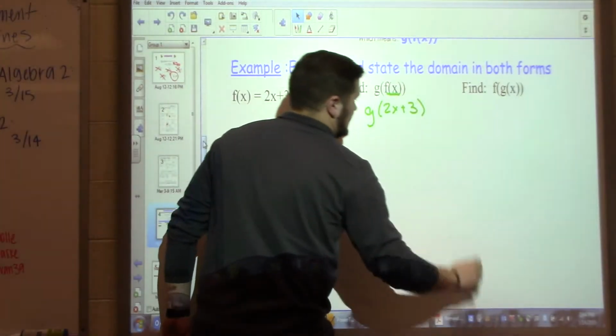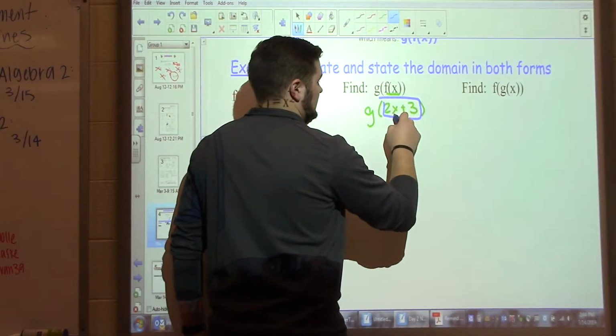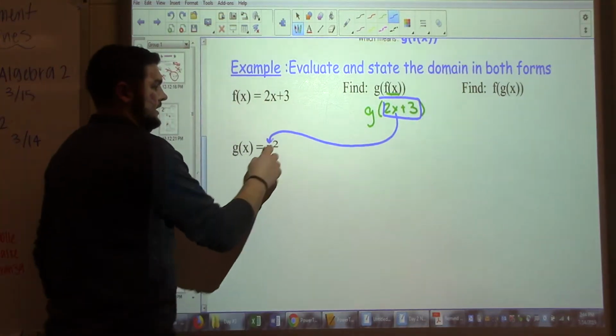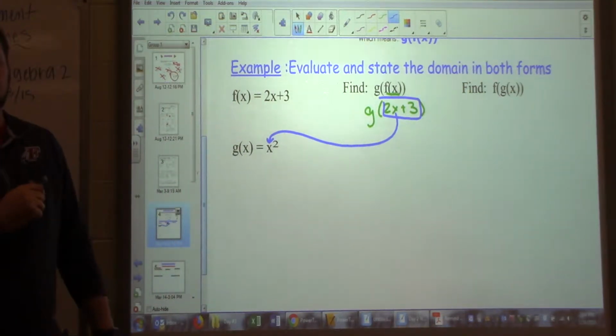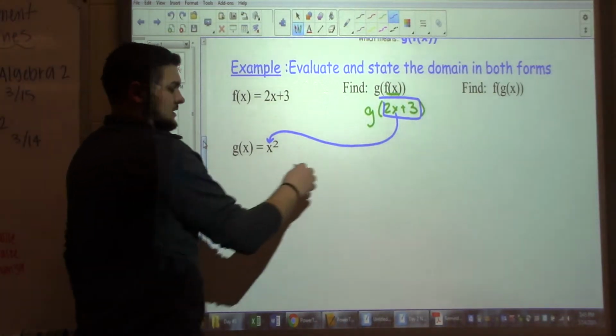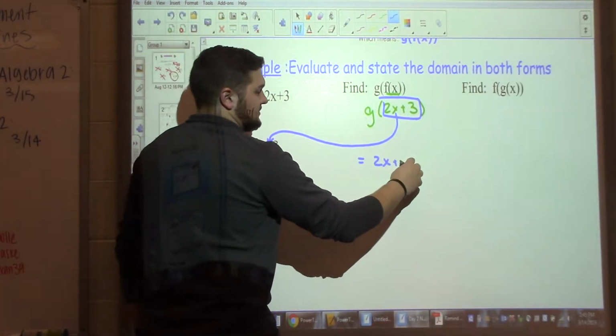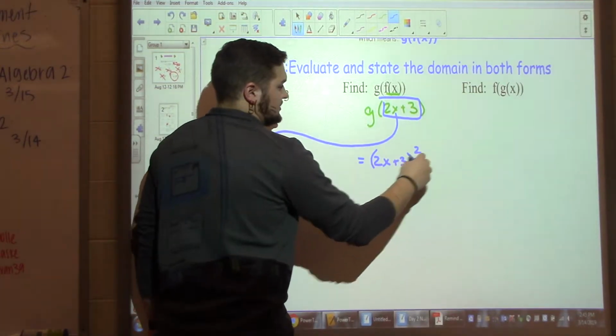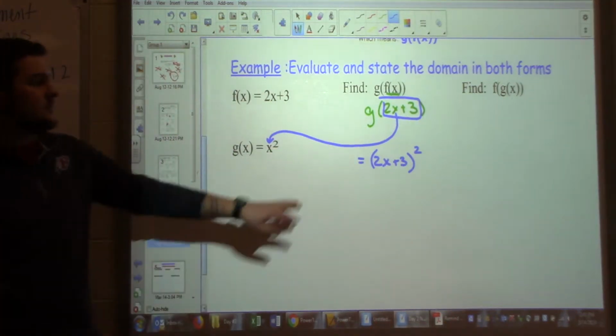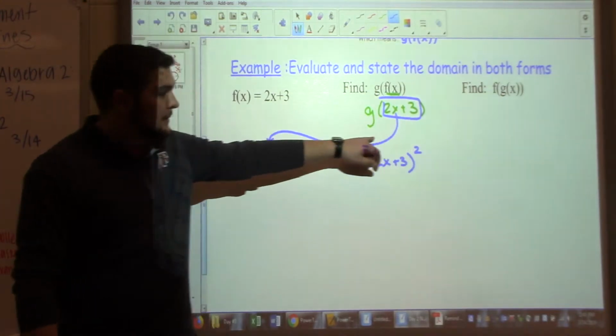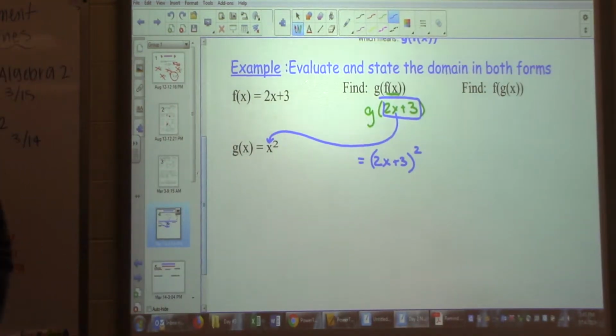So I'm taking this number, 2x plus 3, and plugging it in anywhere I see an x in my g function. So it becomes (2x plus 3) squared. Right, we're taking that result that we found from f of x, plugging it into our g function. And then, do you think we should leave an answer like that?